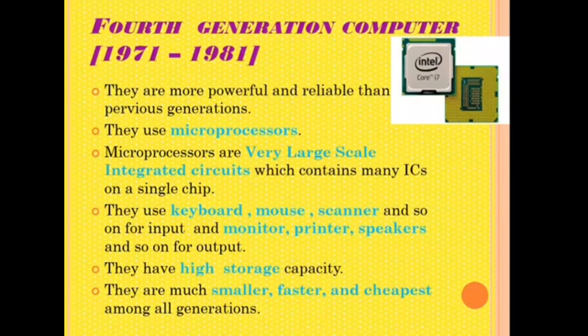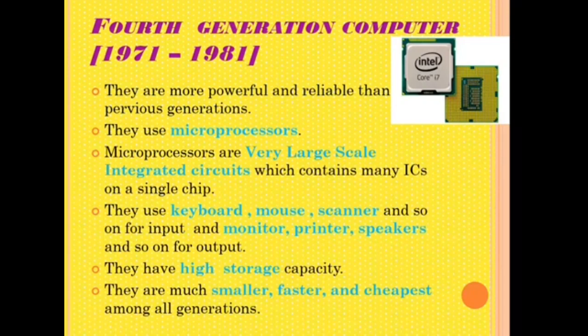In an integrated circuit, thousands of transistors are there. Here in one IC they contain many components on a very large scale. These integrated circuits have many ICs in a single chip.